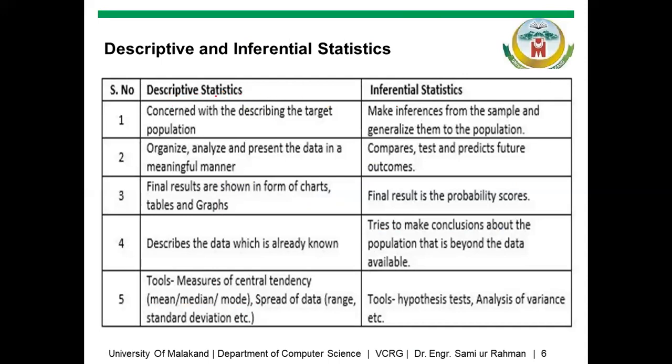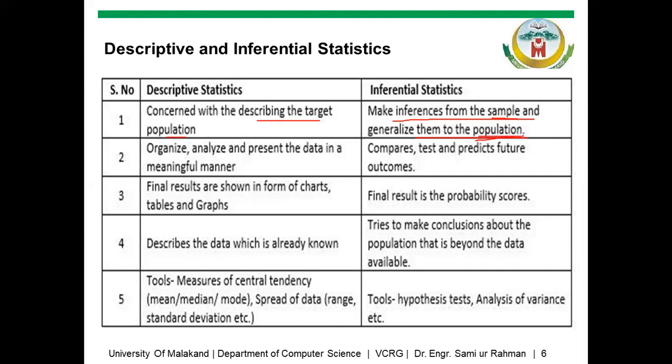So descriptive statistics is concerned with describing the target population, and inferential statistics makes inferences from the sample and generalizes them to the population. Okay, so one is population and one is sample. Samples are limited examples that are taken from the population.